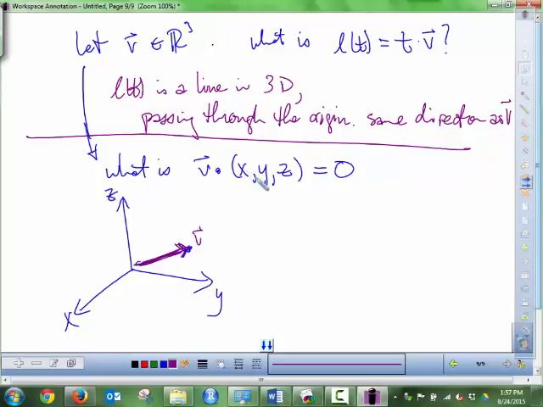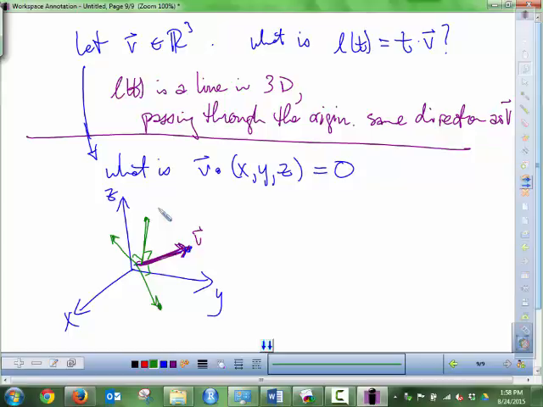And then what can I say about x, y, z so that the dot product with v is equal to 0? It's perpendicular, right? So out of all the points that I can pick, why don't I pick this one that looks like it might be perpendicular? Or I can pick another point over here that looks like it might be perpendicular. Or pick another point over here that looks like it might be perpendicular.